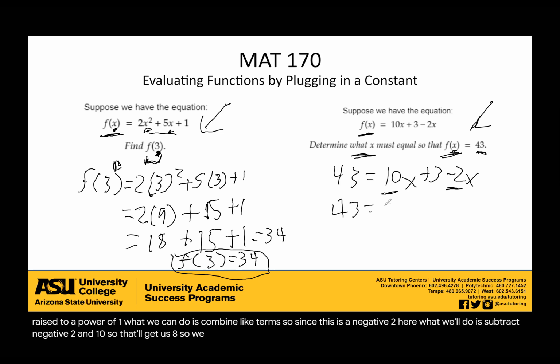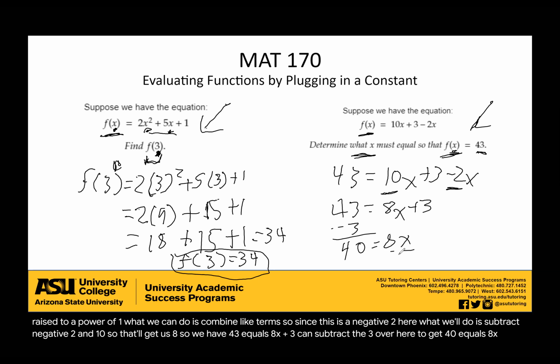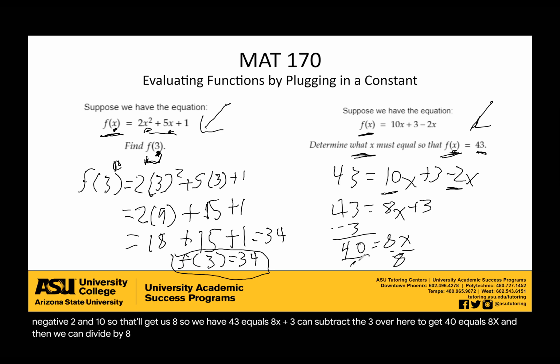So we have 43 equals 8x plus 3. We can subtract the 3 to get 40 equals 8x, and then we can divide by 8. If we divide by 8, we get x equaling 5.